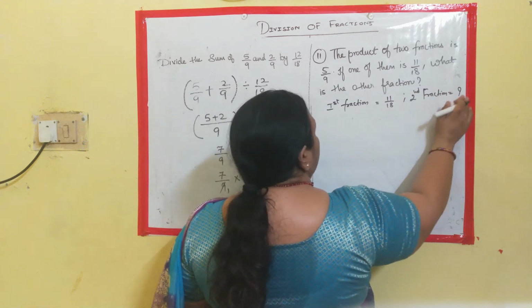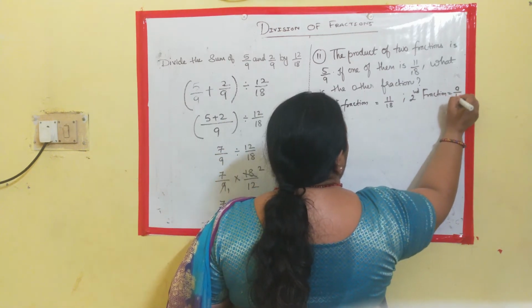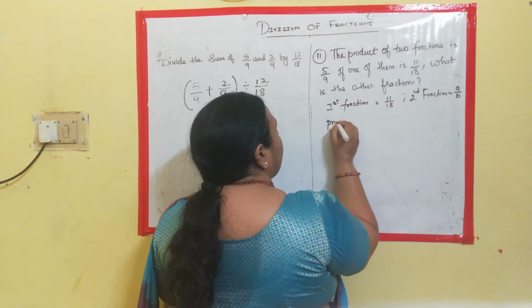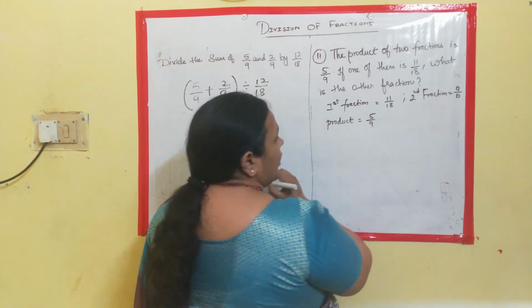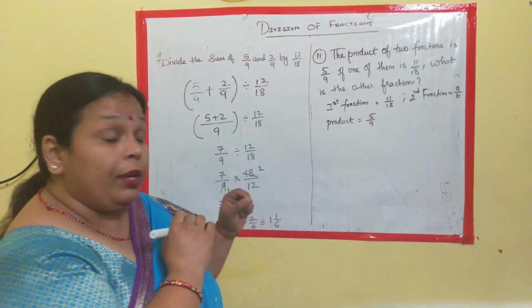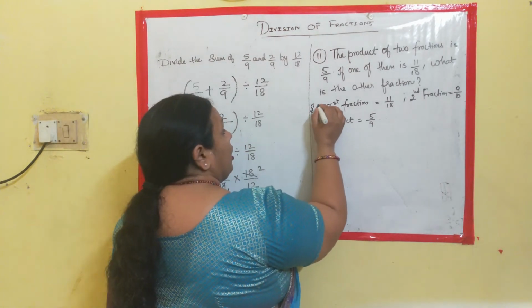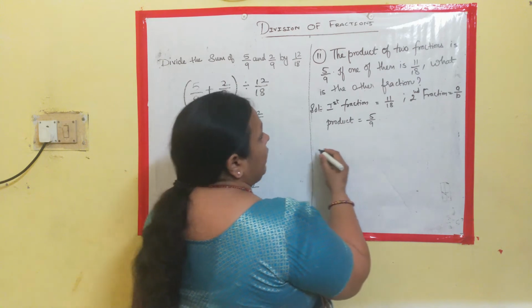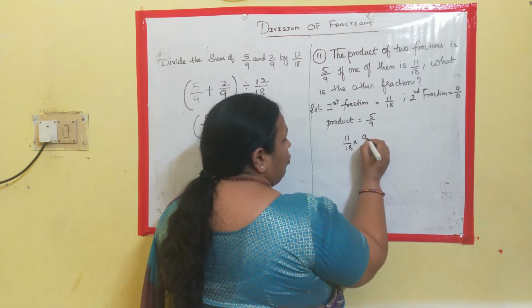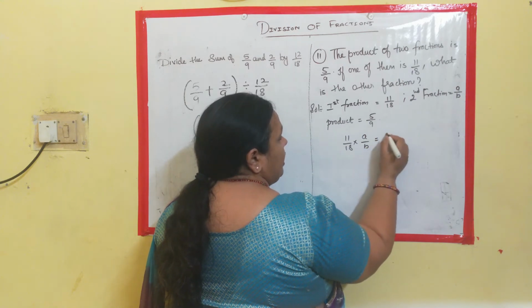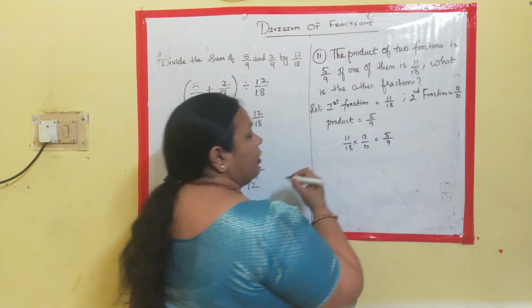So let it be A by B and the product is given as 5 by 9. If we represent it mathematically, this becomes 11 by 18 into A by B is equal to 5 by 9.